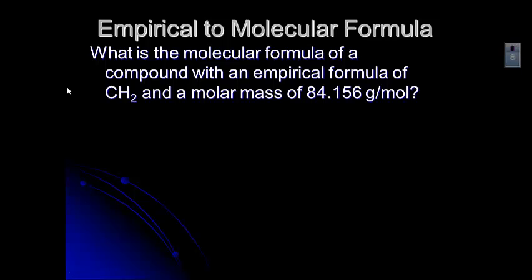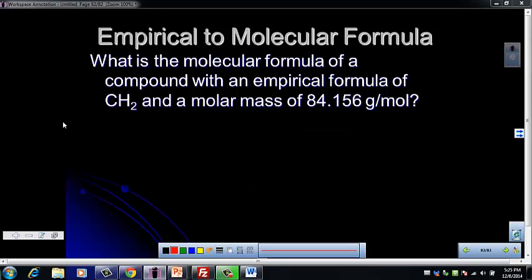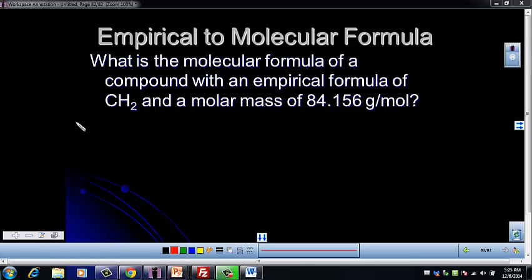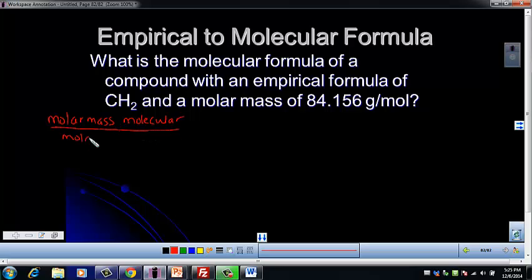So it's 2 times the empirical formula or 3 times the empirical formula or something like that. What we need to do is find out what that multiplier is. So we'll take the molar mass of the molecular formula and divide it by the molar mass of the empirical formula. And that should give us a whole number or something very close to it.